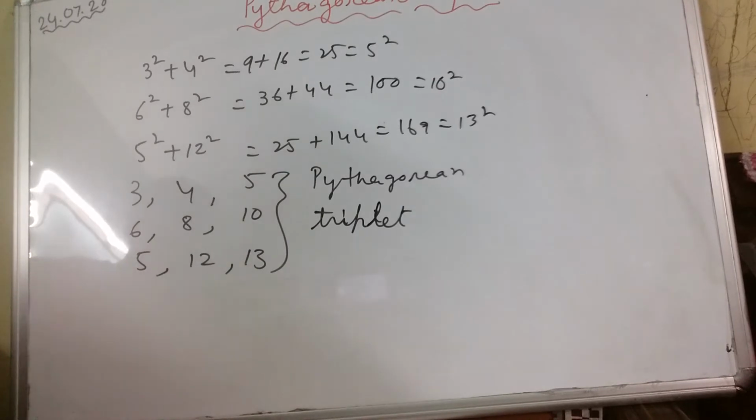In class 7 we have learned about the Pythagorean theorem for right angle triangles.